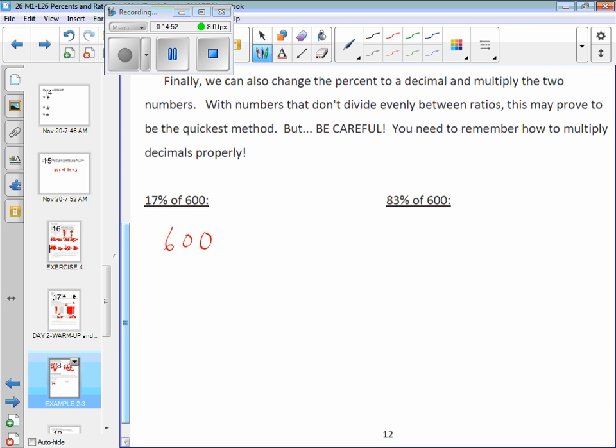What do you get as a decimal? Max? If you are really good at multiplying decimals, you should get 102.